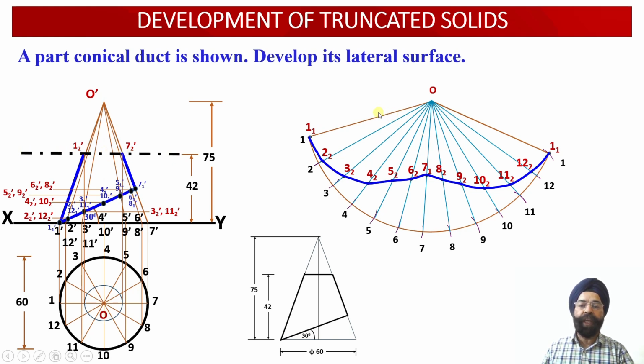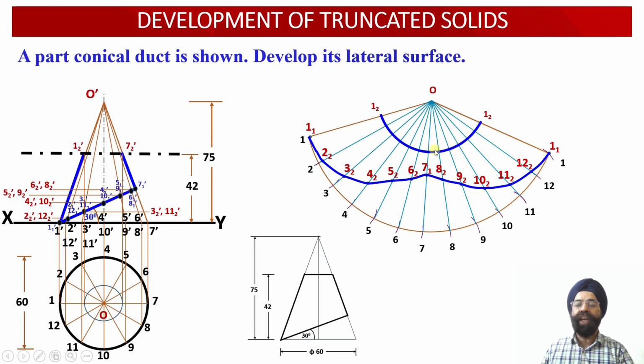So how do we obtain the development of the frustum of the cone? We know this true length radius O dash 1 2 dash is equal to O dash 7 2 dash. So with O as the center and radius equal to O dash 1 2 dash, we'll draw the simple curve over here. Why?